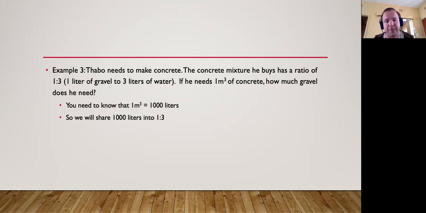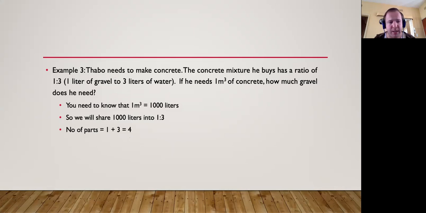When we talk about sharing, remember we did this last term: if we're sharing into a ratio, we simply work out the total of the ratio and then divide into it. So let's do that quickly. 1 plus 3 is equal to 4. So we divide that 1,000 by 4, which is 250, and then multiply by the number of parts that we want.